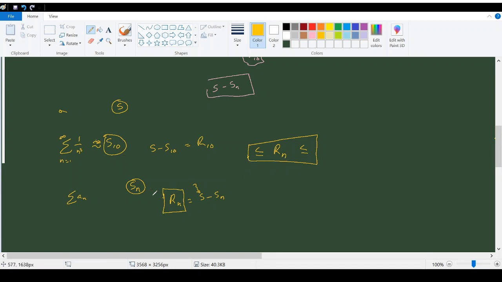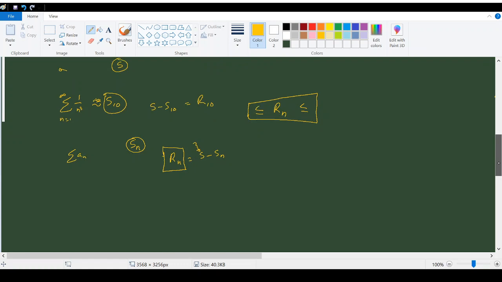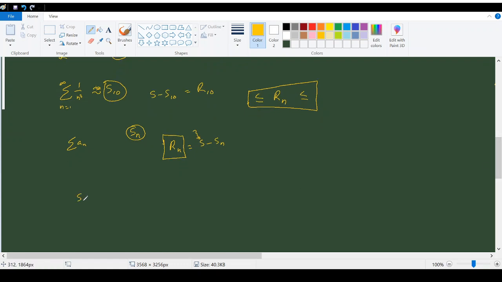So at the moment what we have in our hand is the addition of the first n terms of this converging series. From a different method, we should know that this series converges.